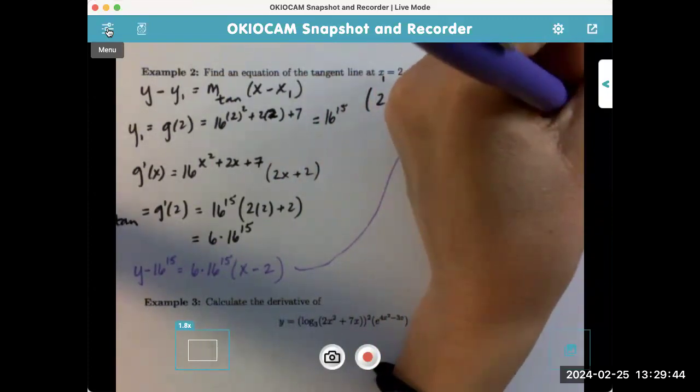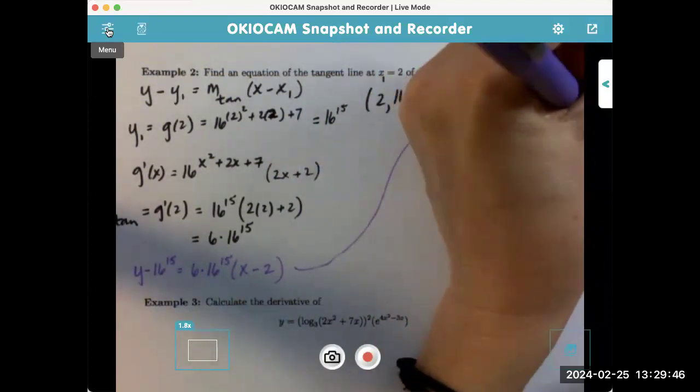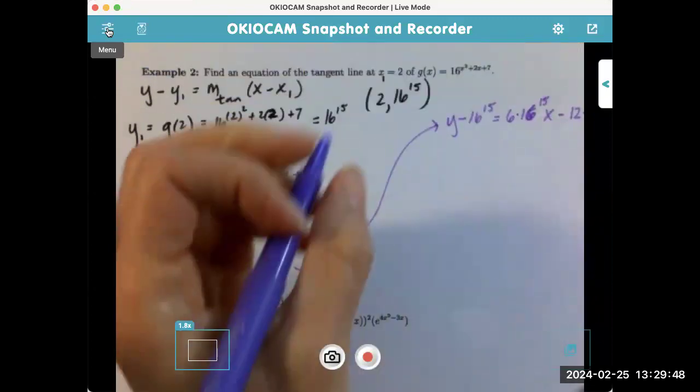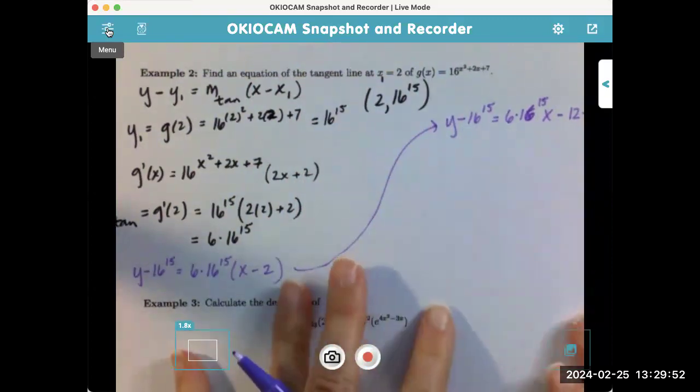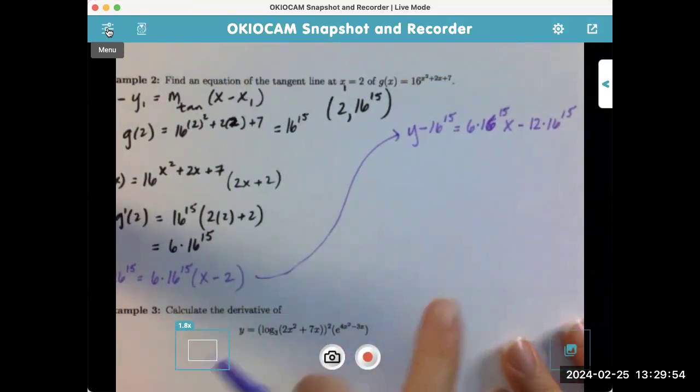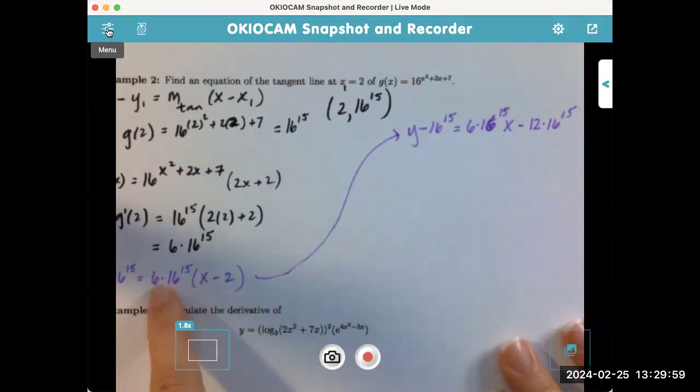So that's 2 times 6, which is 12 times 16^15. Now we're going to add, sorry, let me switch this over. Right, 12 because that's 6 times 2, right? The 6 is just a coefficient.